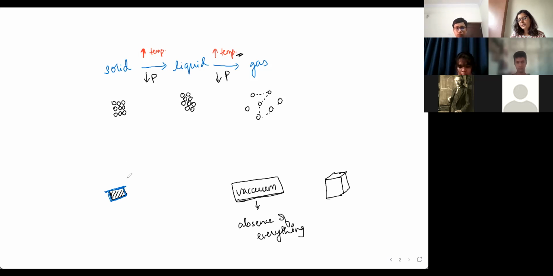Now, without adding any extra matter, if I create space over it, initially it was vacuum sealed, and without adding any air or anything at all, if I increase this space, what I'm essentially doing is decreasing the pressure on it, because there's nothing else pressing on this ice.